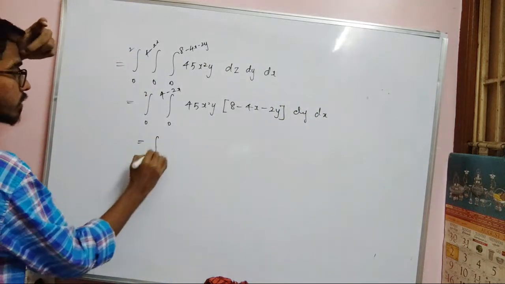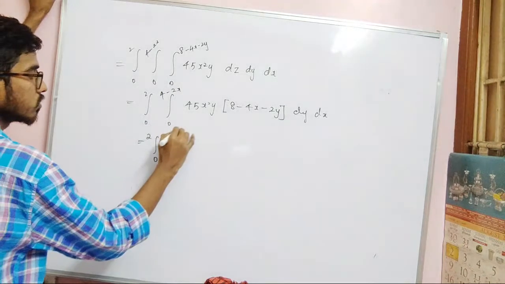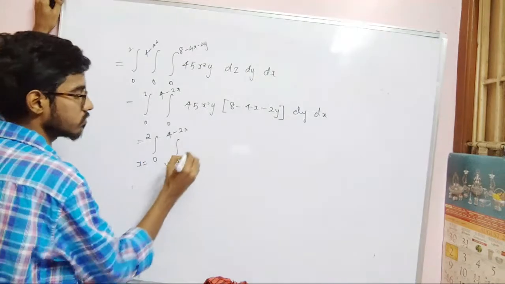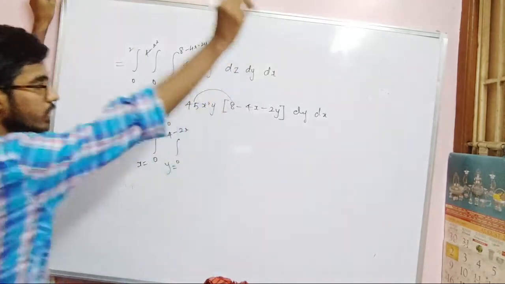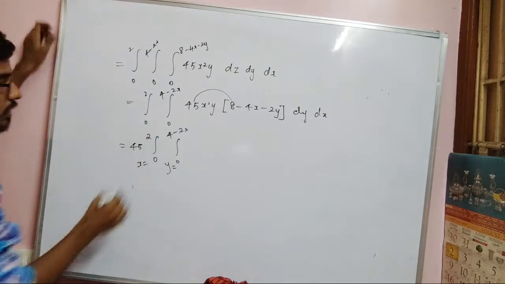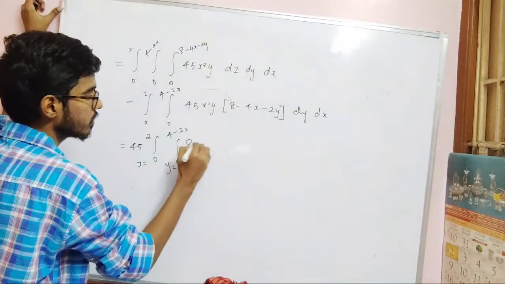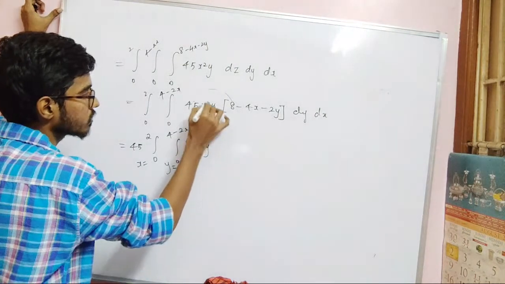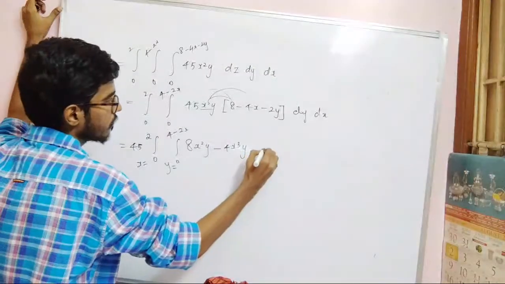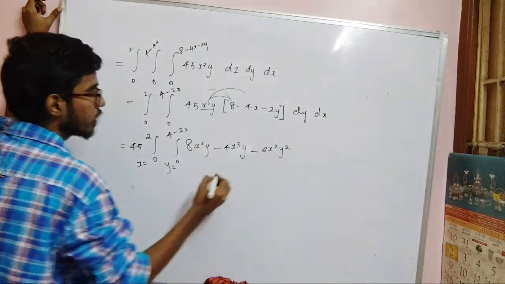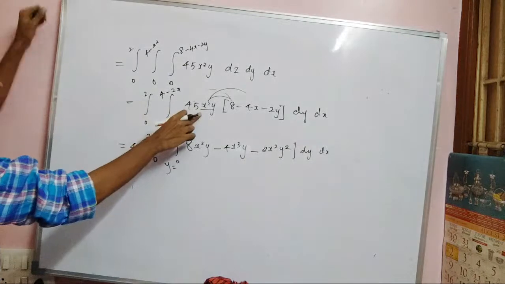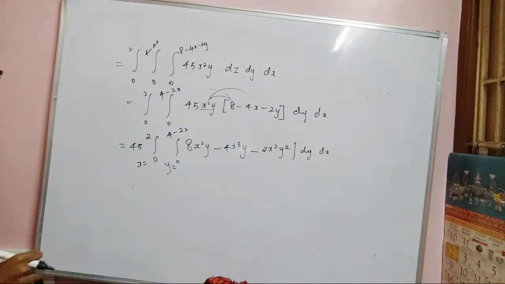When we multiply inside, just for your understanding, we write x and y limits. I take 45 outside: x square into y is 8 x square y, x square into 4x is minus 4 x cube y, and minus 2 x square y square, dy dx.